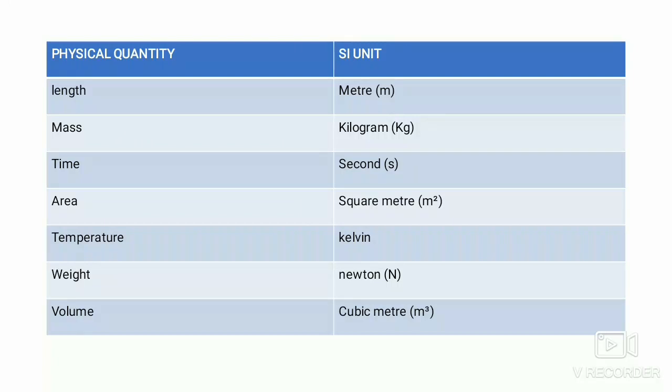The physical quantity area has SI unit square meter, denoted by m². The physical quantity temperature has SI unit Kelvin, denoted by K. The physical quantity weight has SI unit Newton, denoted by N. The physical quantity volume has SI unit cubic meter, denoted by m³.